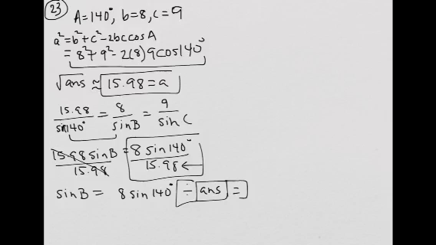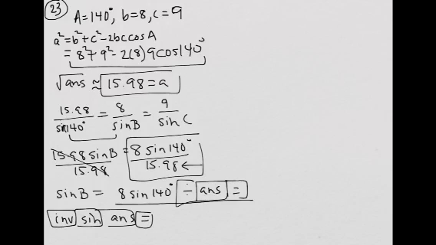When you get that, you have to do inverse sine because we're looking for B, right? Because this is going to give you a ratio. So you do inverse sine of the new answer, which is the ratio, and that is going to be your angle.